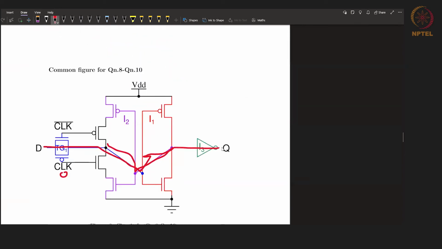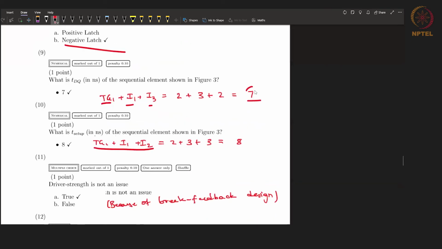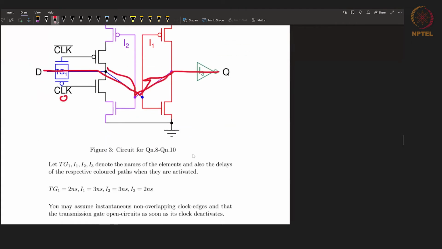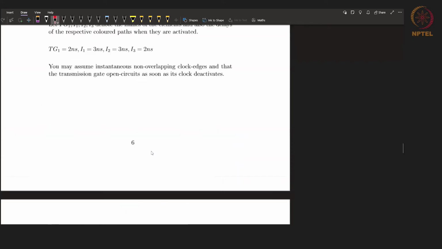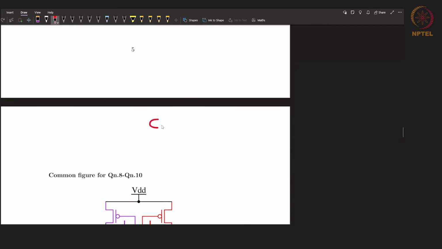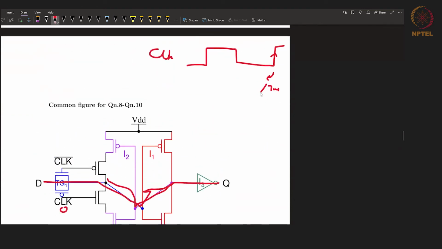Let's say you've only waited till the data changes at 7 nanoseconds before the clock falls. Since in this case it is a negative latch, if you draw the clock, this is your sampling edge. Let's say D has changed and remained only for 7 nanoseconds.